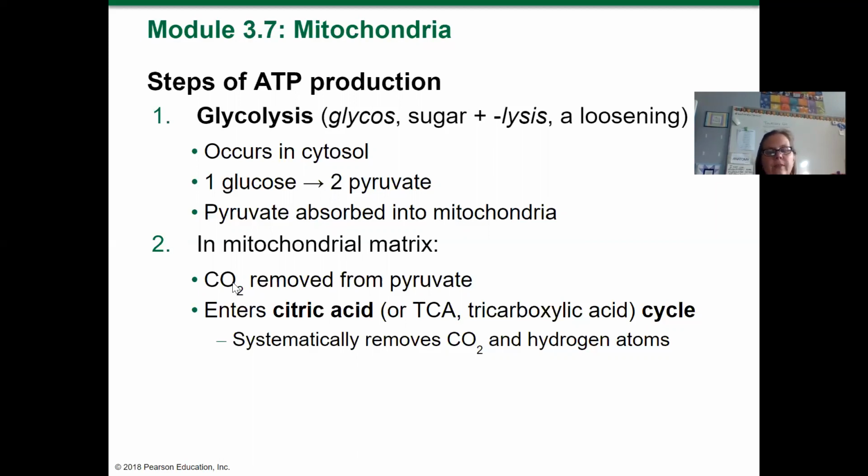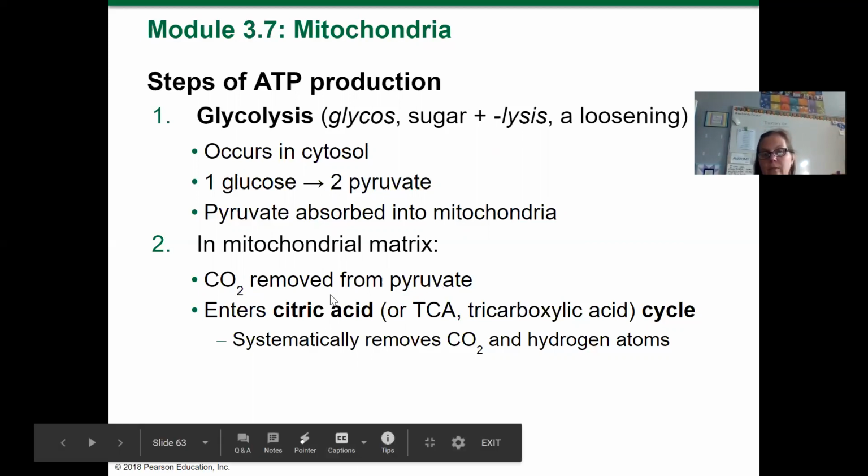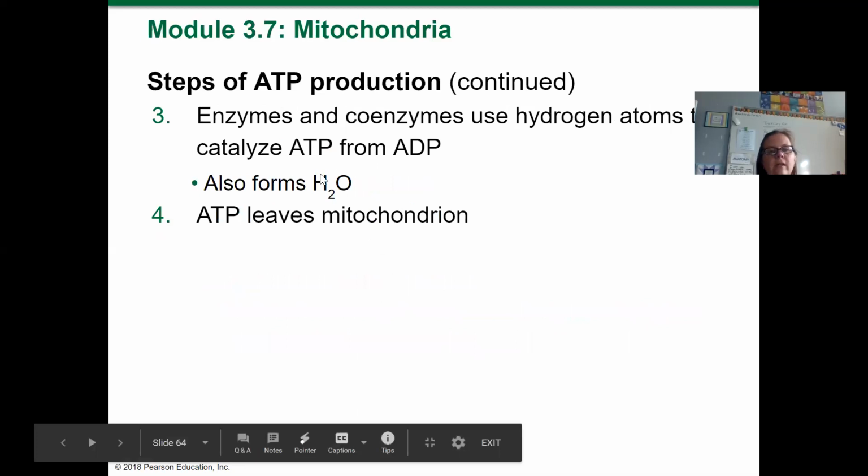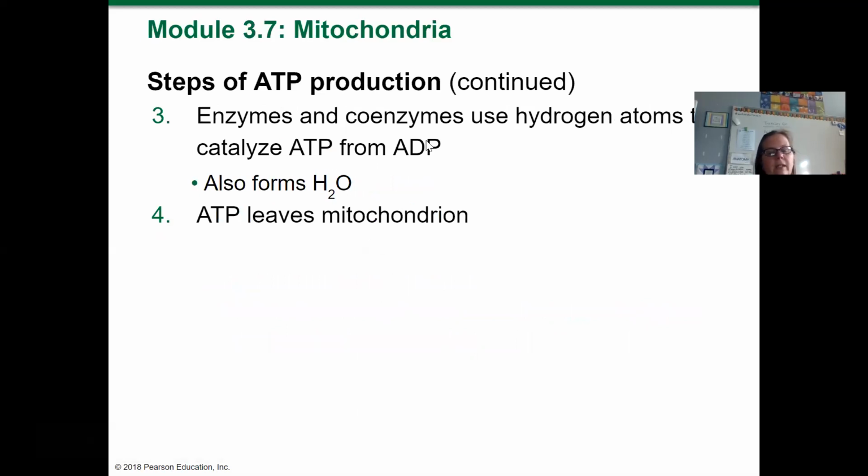In the matrix, the inner part, kind of like the cytoplasm of the mitochondria, CO2 is removed from the pyruvate. So you take off a CO2, it's one of the products. The citric acid cycle removes the CO2 and the hydrogen atoms, indicated in the center there, and it is a cycle. Enzymes and coenzymes use those hydrogen atoms to catalyze ATP from ADP.